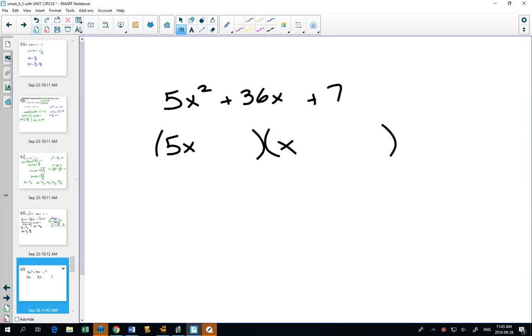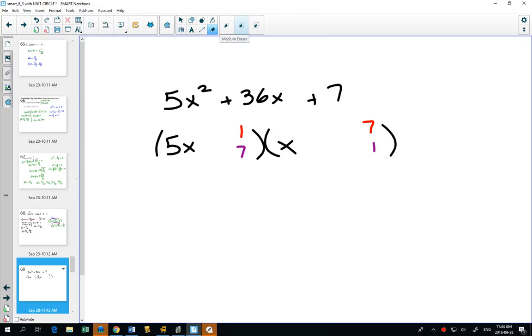And now it makes a difference, because if I do 1 and 7, or 7 and 1, can you see that they change my outside and inside? Which is the right one, the red one or the purple one? Purple. If I use the purple, my outside is 5, my inside is 7. 5 plus 7 is not equal to 36. 5 times 7 is 35.